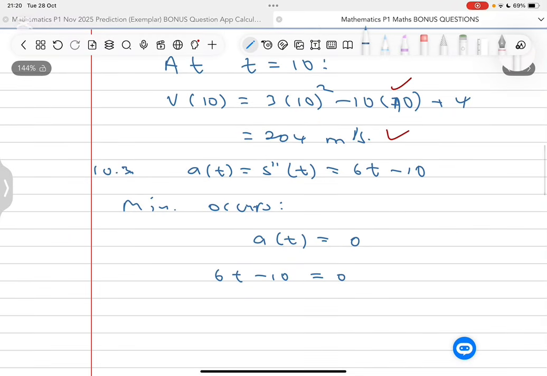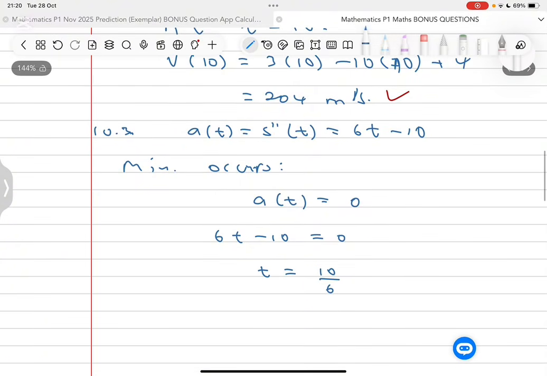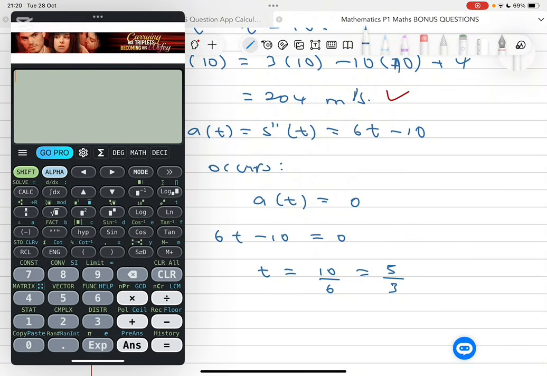And this would mean that t is equal to 10 over 6, which will reduce down: 2 into 10 goes 5, and 2 into 6 goes 3 times. Maybe we can find the decimal form of this. One can leave it at 1.67, I suppose, and this is in seconds.